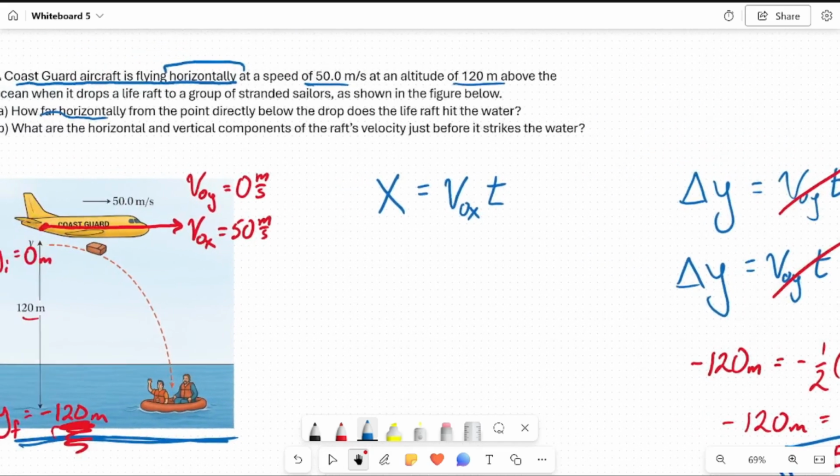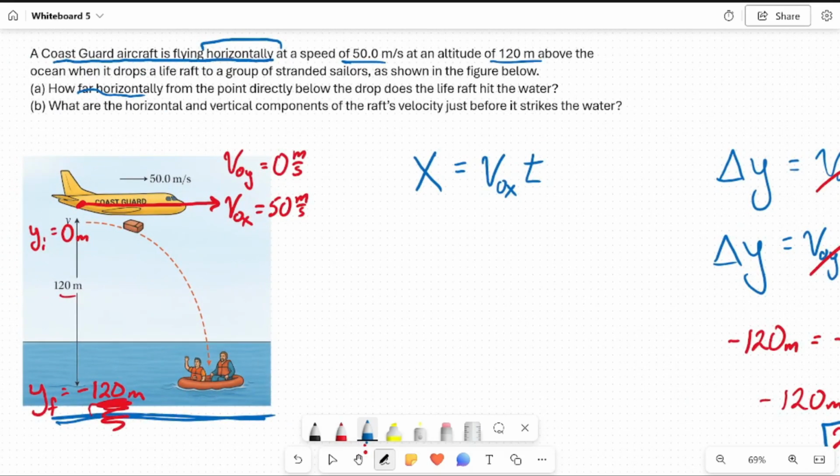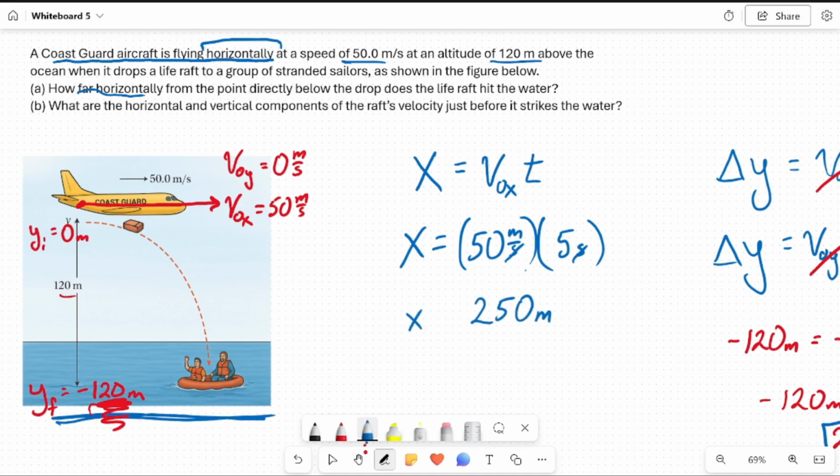So if I want to know how far this thing travels at this point, it's pretty easy. x is equal to, and for the sake of our math, let's just round that number off. 50 in here. For somebody that's concerned about units, I'll write the units on this because it's pretty simple. Times, that's basically 5 seconds, guys. The seconds cancel out, and we are left with 250 meters, pretty roughly anyway. So there's how we found our x.